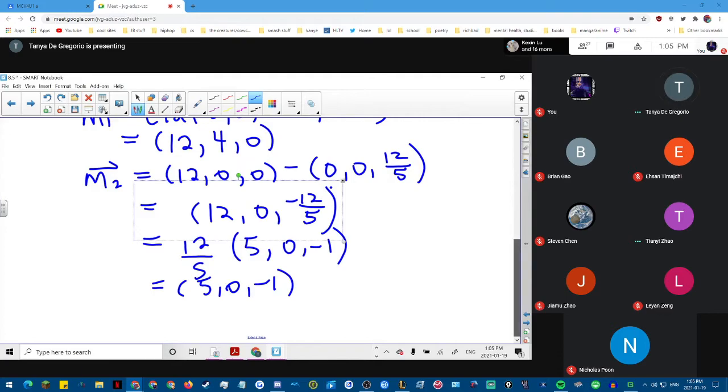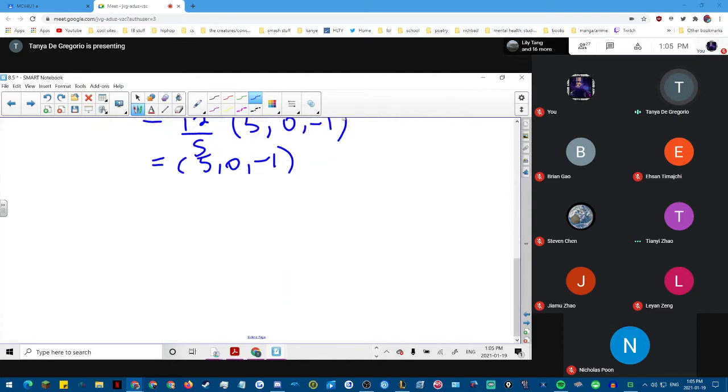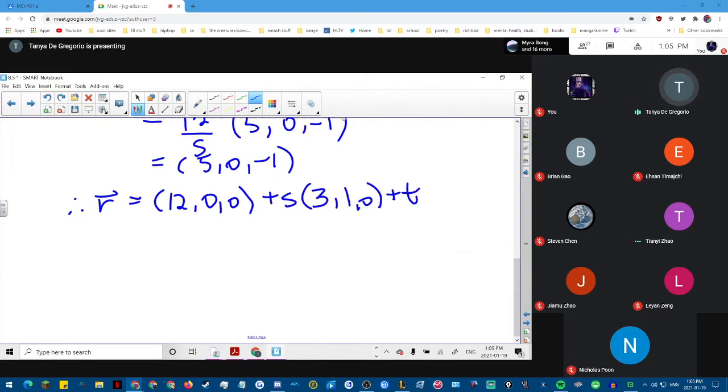Okay, so now for a vector equation of a plane, I have any point, using this one, any point you can use, plus s times one of your direction vectors, plus t times the other direction vector. S and t are elements of real numbers.